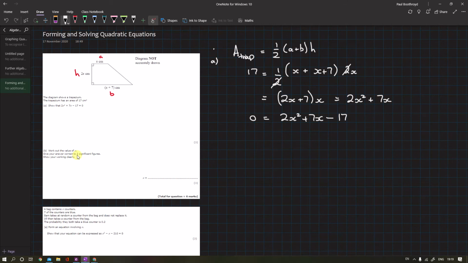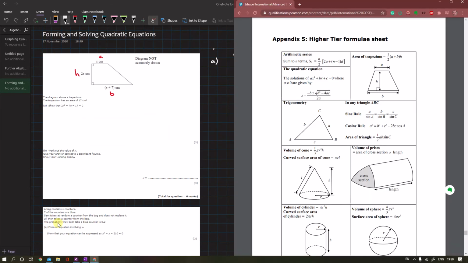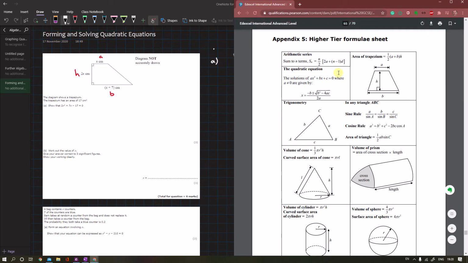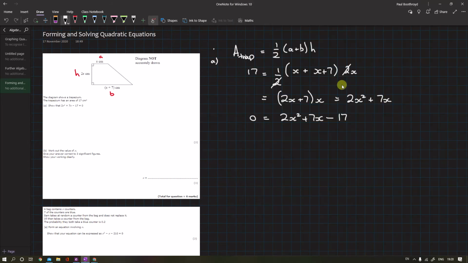Because it said 3 significant figures, we're going to use our quadratic formula, which again is on the formula sheet. We need to work out what a, b and c are. A is 2, b is 7 and c is minus 17, and we put it into our formula.